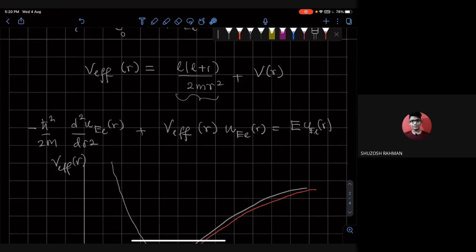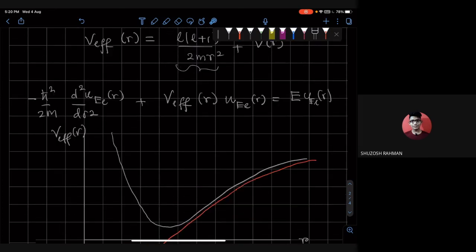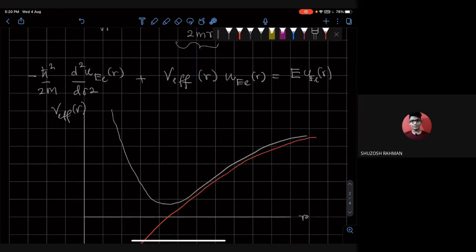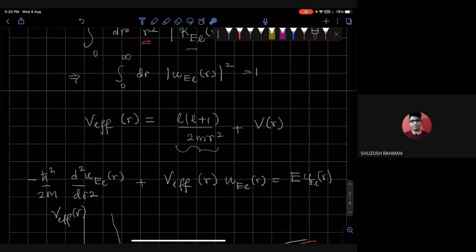Okay, is that clear? So potential can't reach 0 in this situation, or can it? You mean v of r? Not v of r, yes, v effective. But it is 0 only when L is 0, right? If v of r is 0, suppose we are looking at a particle in a three-dimensional box.